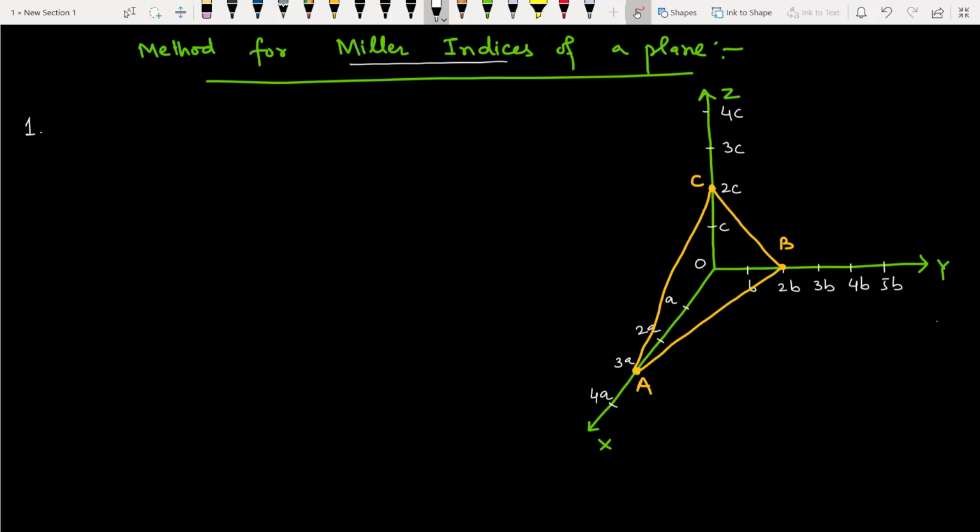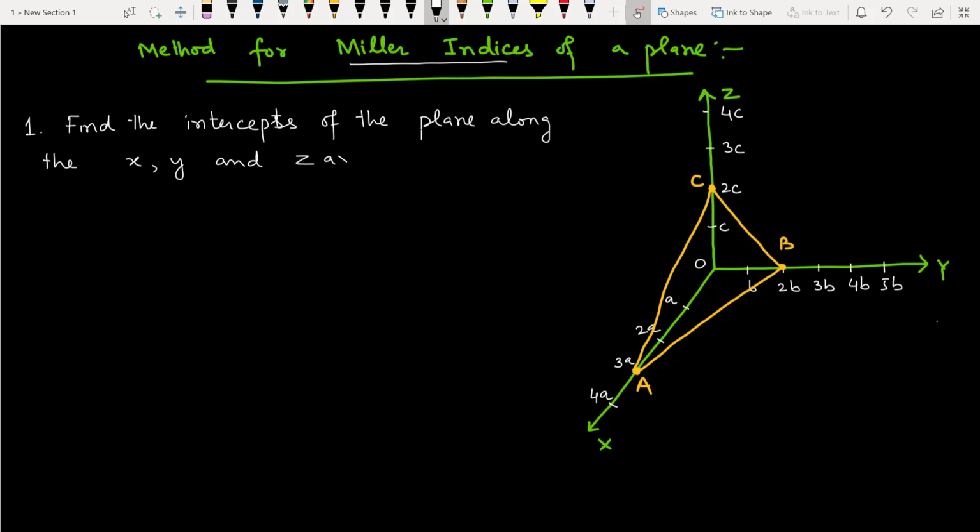It has the following steps. Number one is find the intercept of the plane along the X, Y and Z axes.